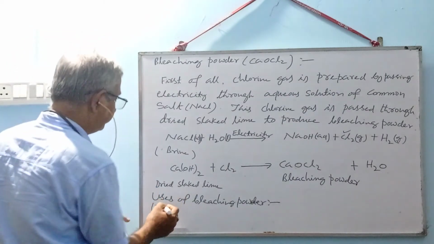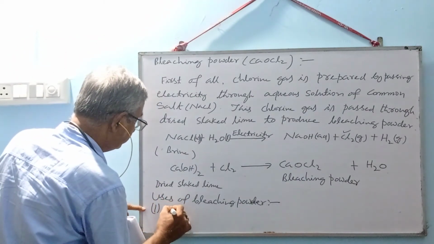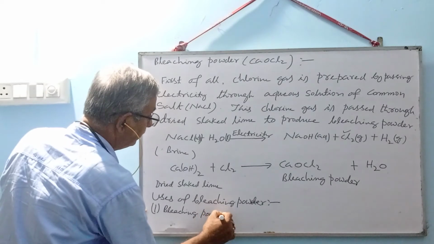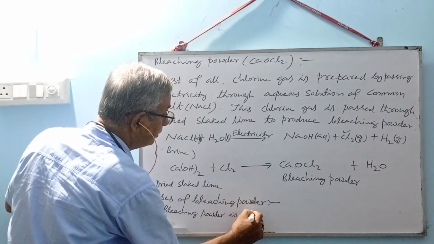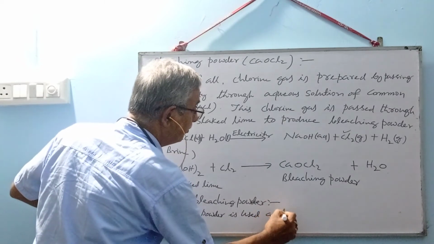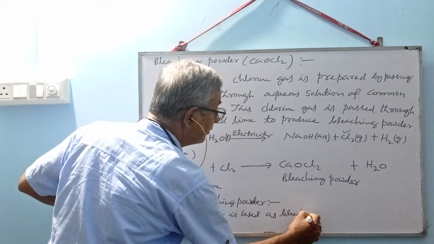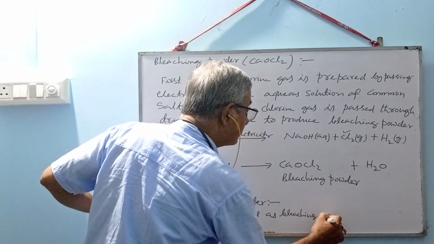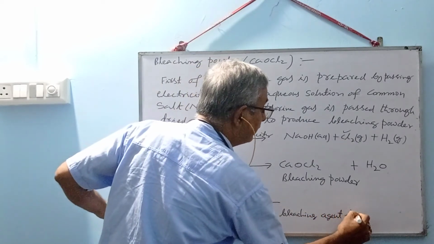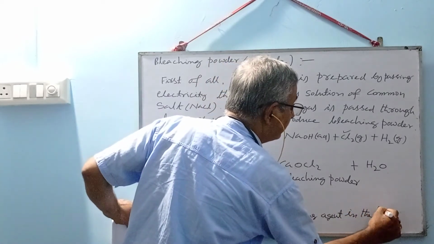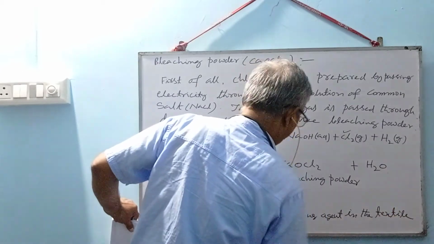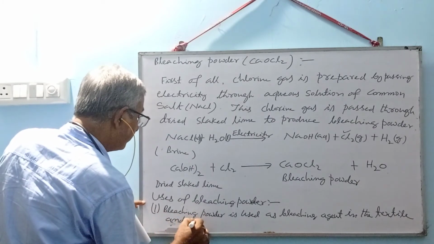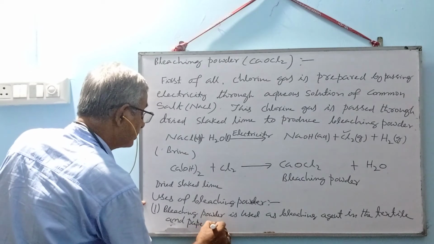So number 1, bleaching powder is used as a bleaching agent in the textile and paper industries.